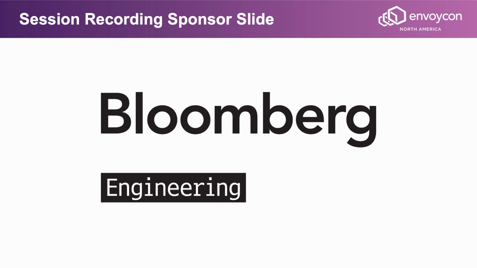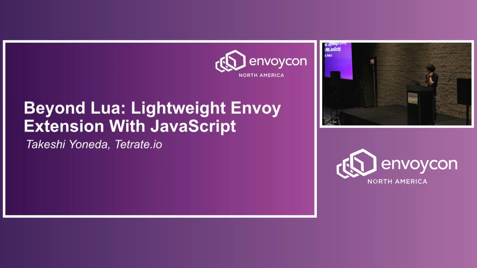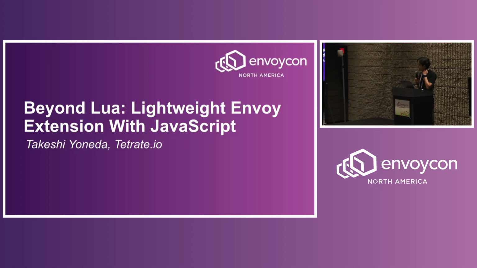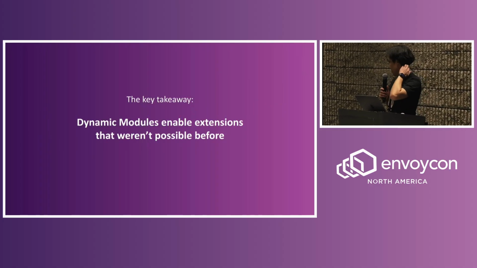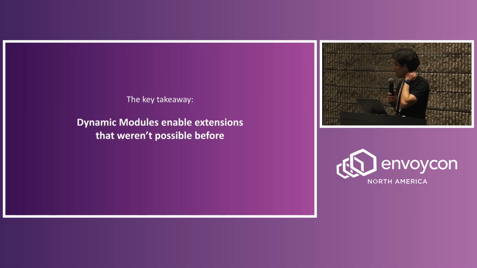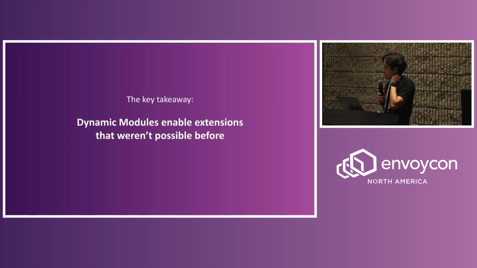Sorry for taking up two slots in this single conference, but I'm going to talk about not AI stuff, just Envoy extensions and dynamic modules. This talk is not really about JavaScript, but more about dynamic modules. The takeaway is how powerful it is, and it's expanding a lot of the possibilities and use cases that weren't possible before.